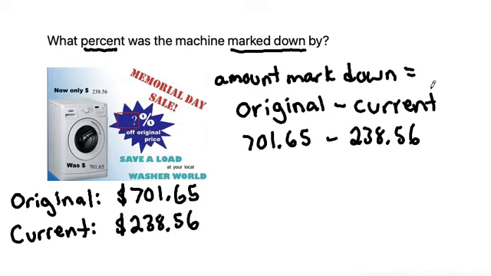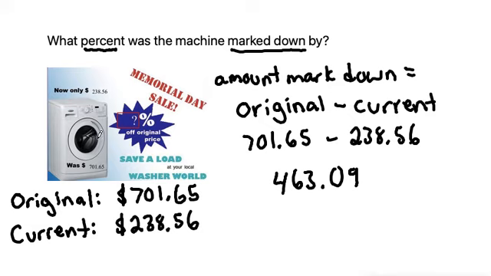Let me grab my calculator really fast. If I plug that in, 701.65 minus 238.56, I get $463.09. So that is the amount that's been marked down off the washer. So that's what you're not paying.